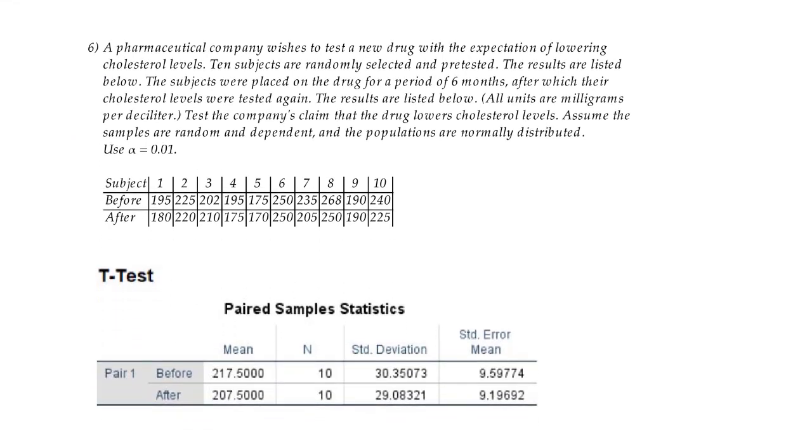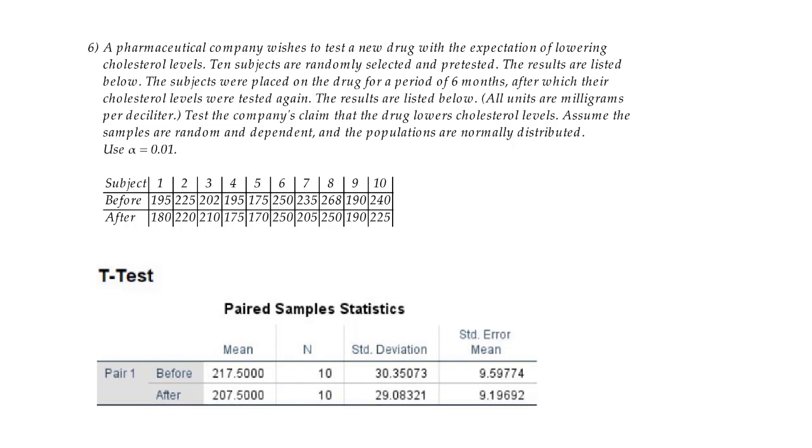All right, let's now use SPSS to see how we could gather this information from the SPSS output. So a pharmaceutical company wishes to test a new drug, expectation of lowering cholesterol levels. The subjects are randomly selected and pre-tested.